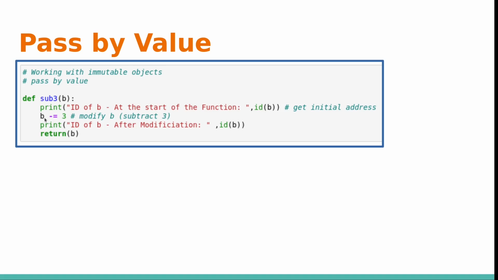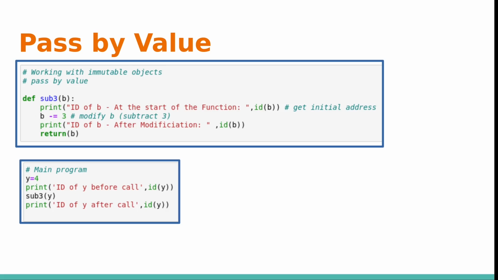And then the next step, it takes b and subtracts a value of 3. So minus equal to 3 means it takes the original value of b, subtracts 3, and then prints the ID of b after this modification using this print statement. And then it returns the new value of b.